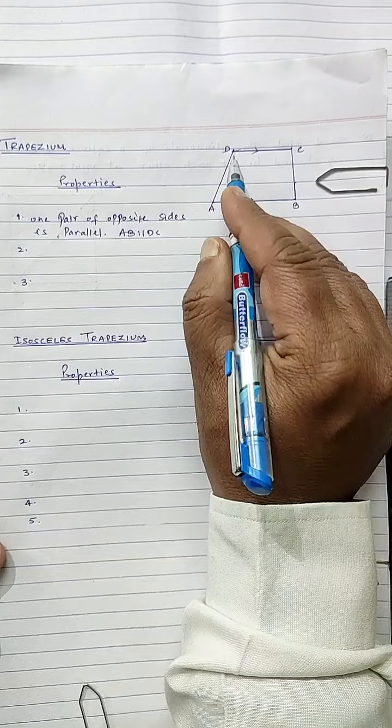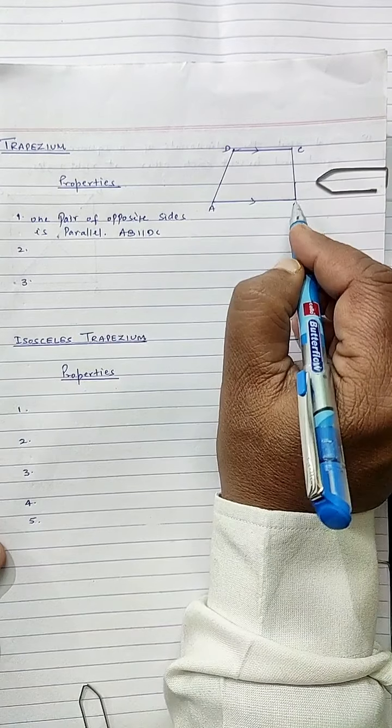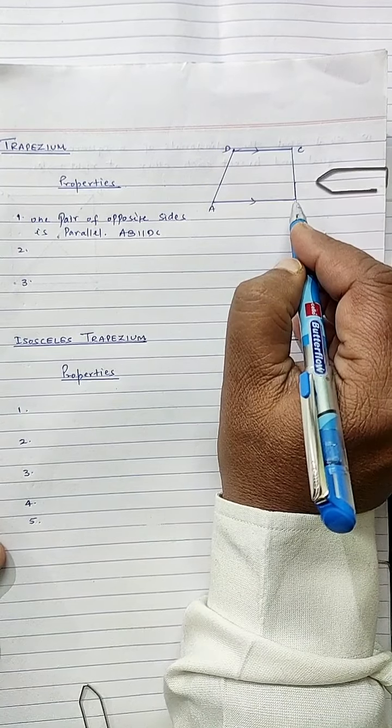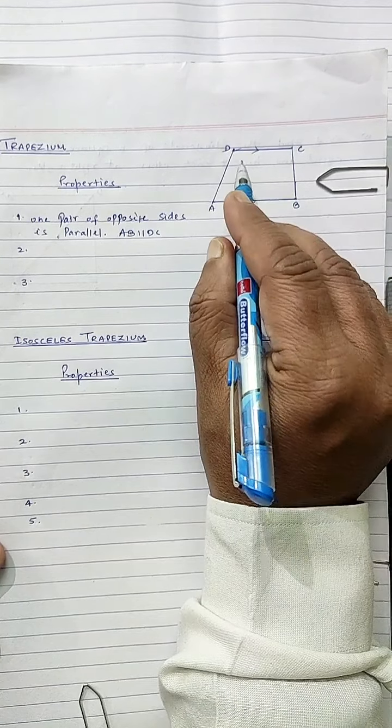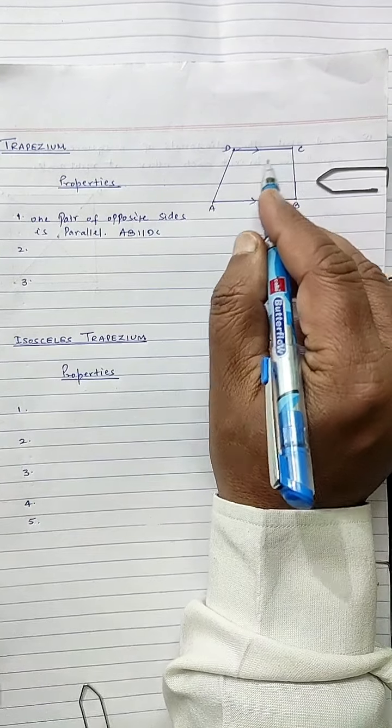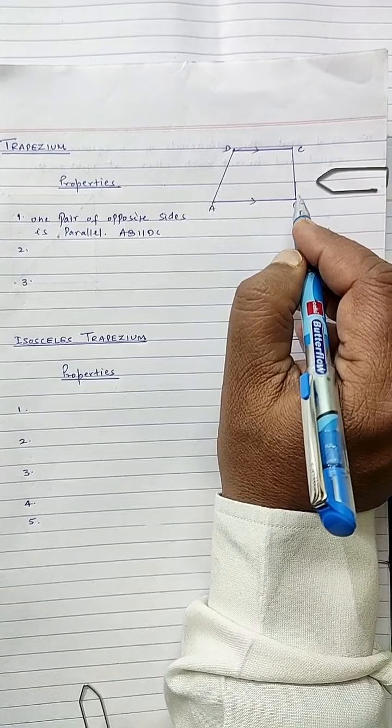It means another pair of opposite sides is non-parallel. Exactly one pair of opposite sides is parallel. The other pair is non-parallel.